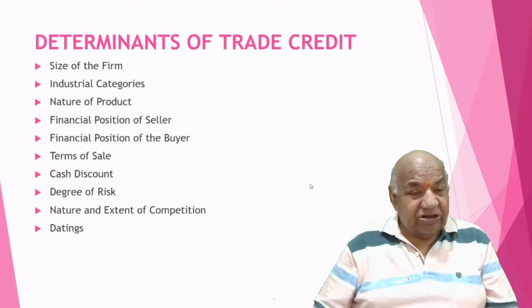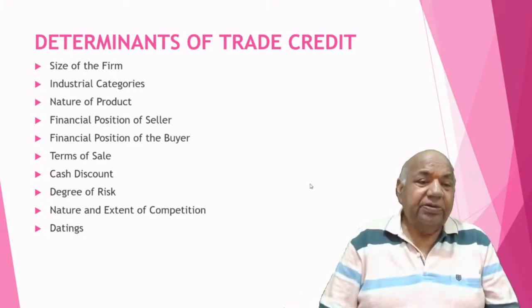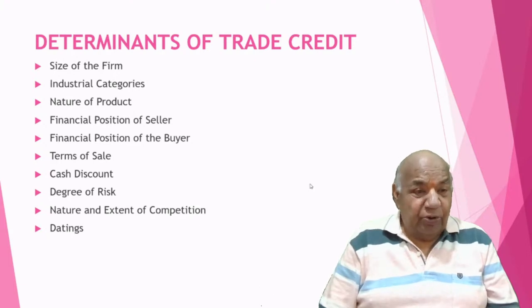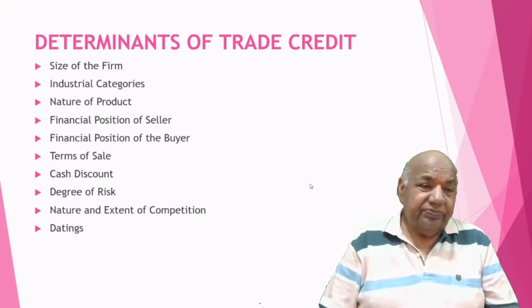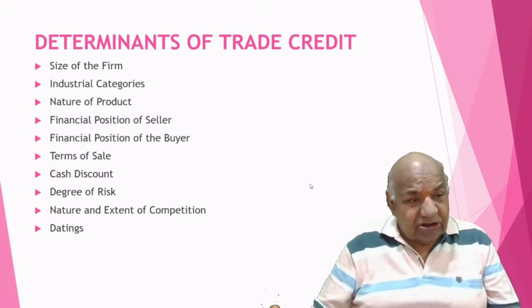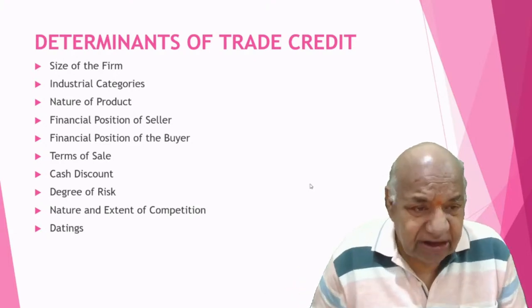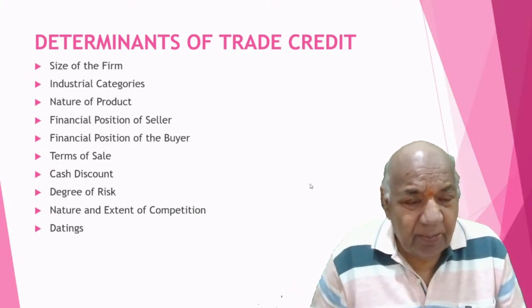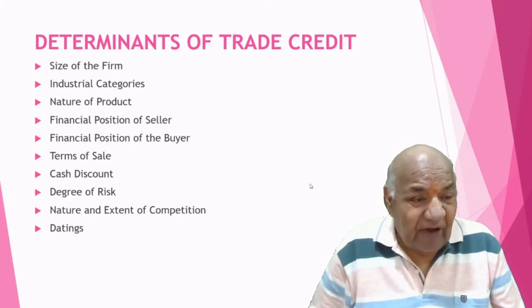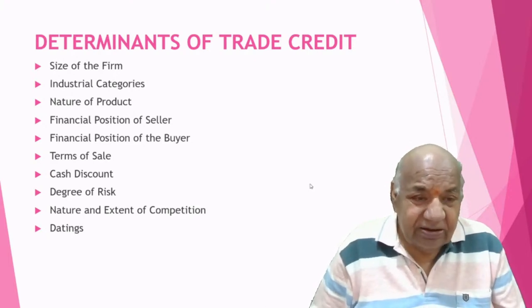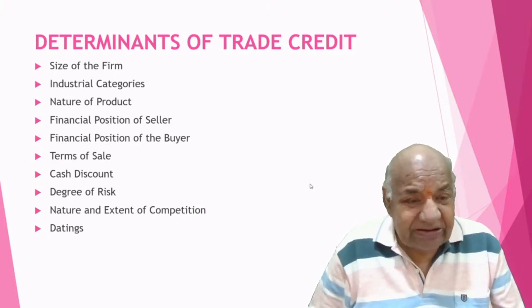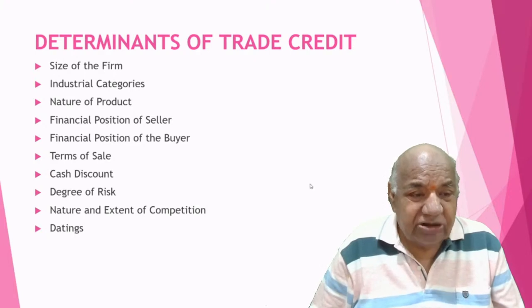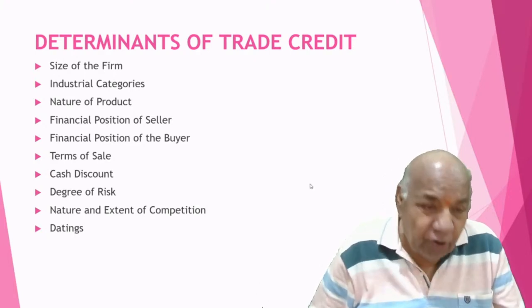If the seller has got good financial position, he will be in a position to give more credit to the buyers, because he has got sufficient financial strength to give credit to the buyer. But if the financial position of seller is tight, he will like that the buyer may pay cash against delivery, or sometimes even cash before the delivery.